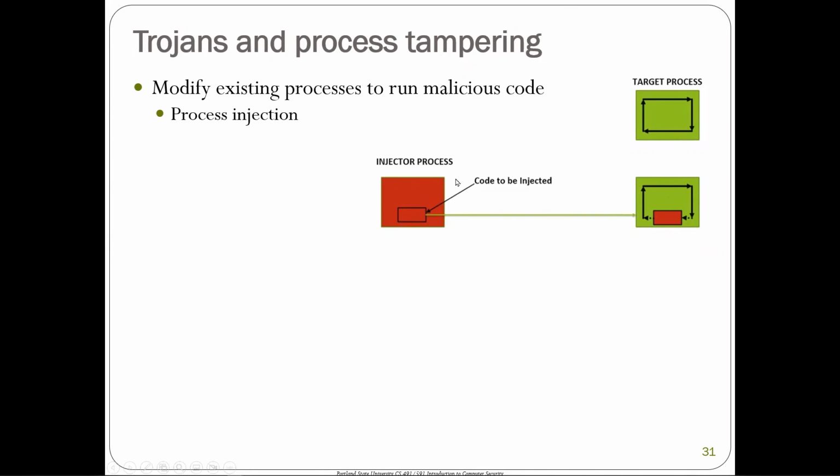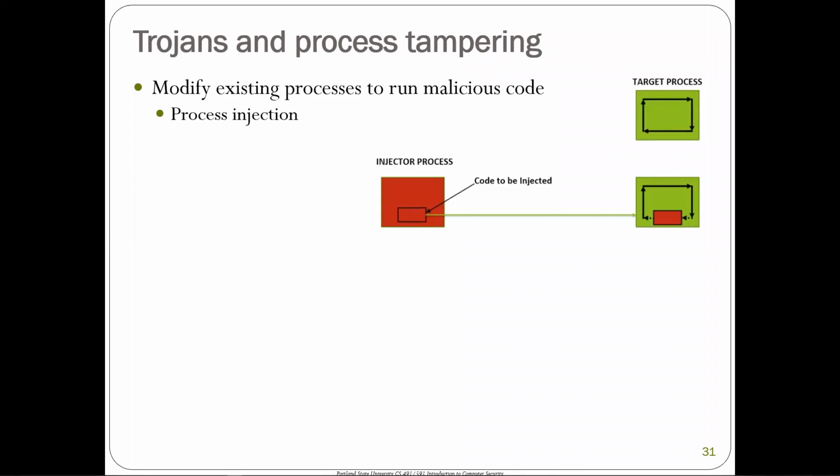Then with those privileges, the adversary can inject rogue code into the running process. That Trojans the process in place rather than at the binary or library level. You're actually taking the running process and turning it into a zombie in this case.